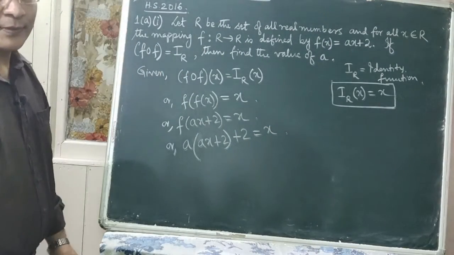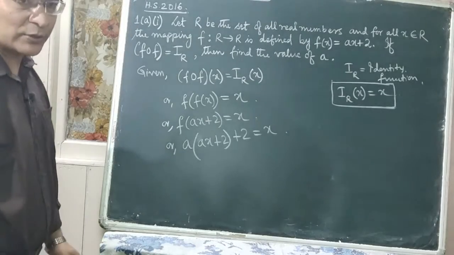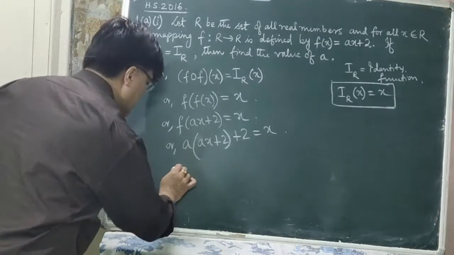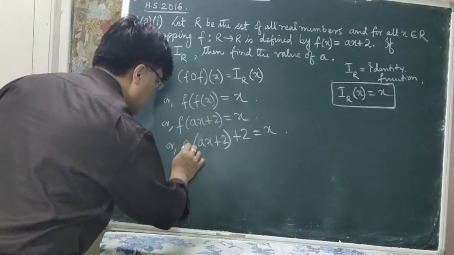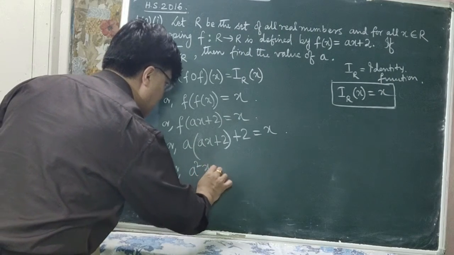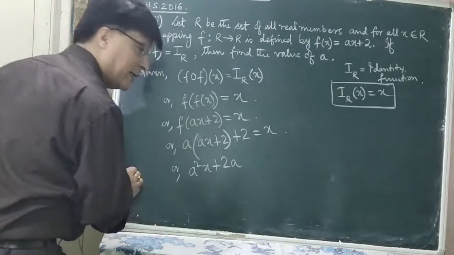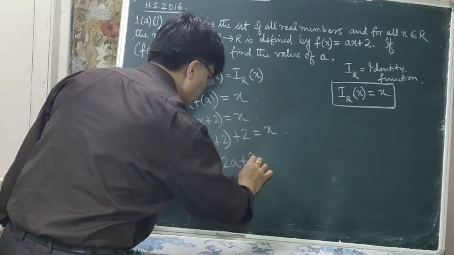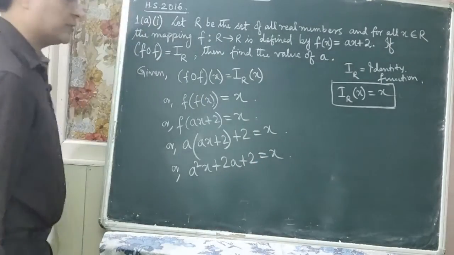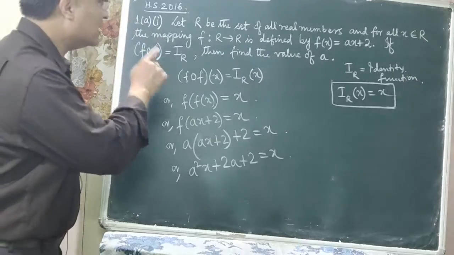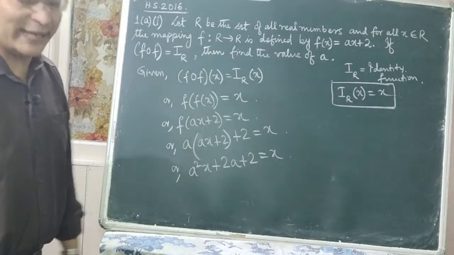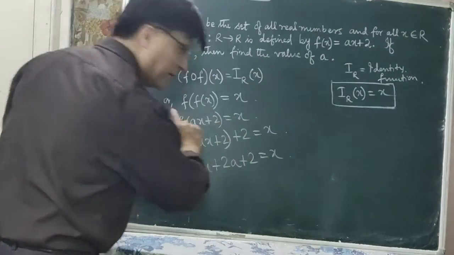So I think you have understood it. Okay. So next, let us simplify it. A into ax plus 2a, then plus 2, is equal to x. Okay. Now in this case, since you have to get the value for a, let us compare it.